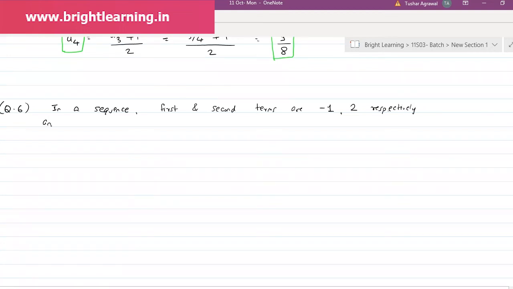And the sixth and seventh terms are asked of.